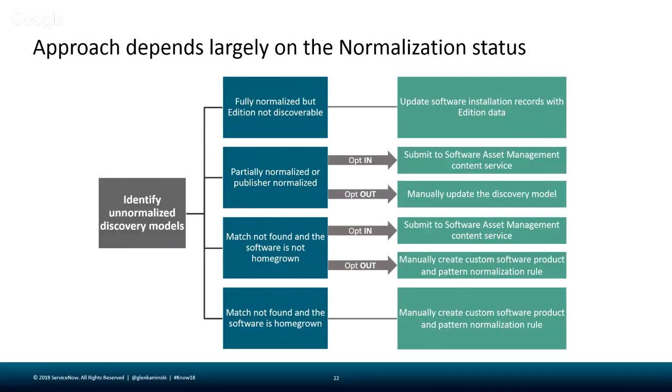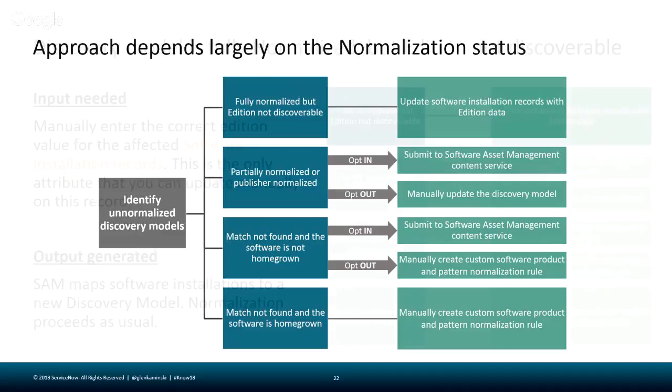After you've focused on your high dollar software publishers, prioritizing from a date standpoint for upcoming true-ups, and then focusing on licensable software, here are the steps that you should take based on the normalization status.